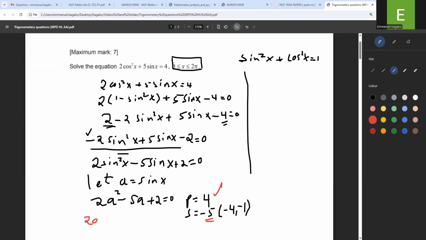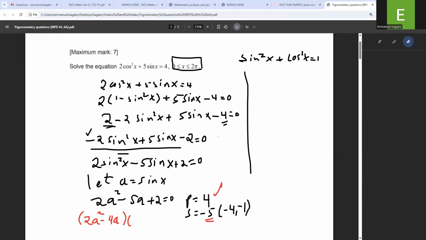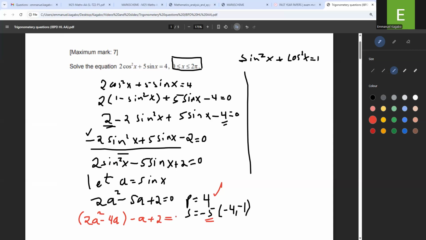So what do I have here now? 2A squared minus 4A, close the brackets here. Then, oh my bad, just a few minutes here. It's going to give me minus A, then plus 2, equal to 0, right?